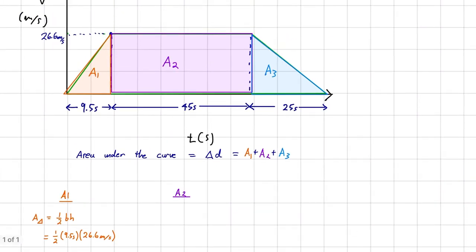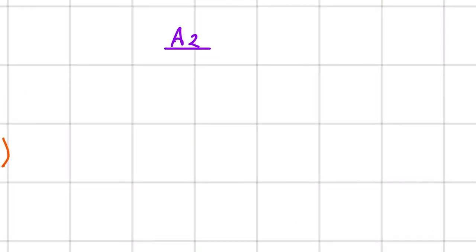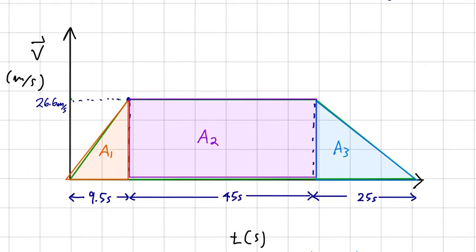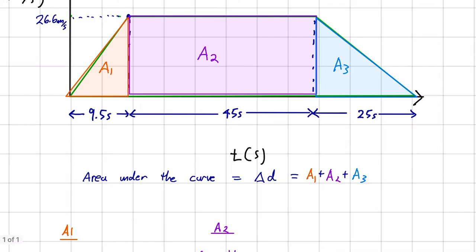And what is A2? So A2 is a rectangle. So the area of a rectangle, as we know, is just base times height. And so the base of this rectangle is going to be 45 seconds. And the height, well, if we look at our triangle, it's going to be the same height. So the height of this A2 rectangle is also 26.6 meters per second.